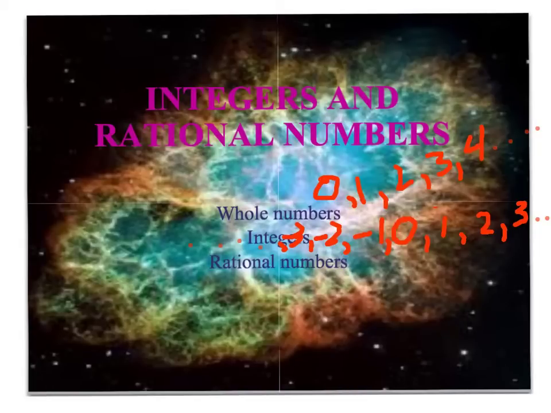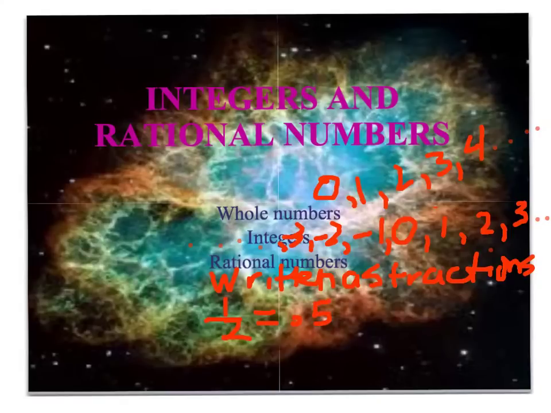Also, the other set we're going to talk about are rational numbers. And rational numbers are numbers that can be written as fractions. For example, 1/2, if I put this into a decimal, it becomes 0.5.